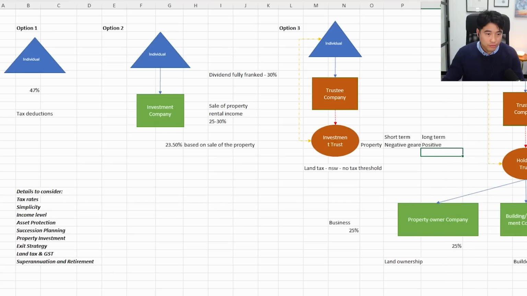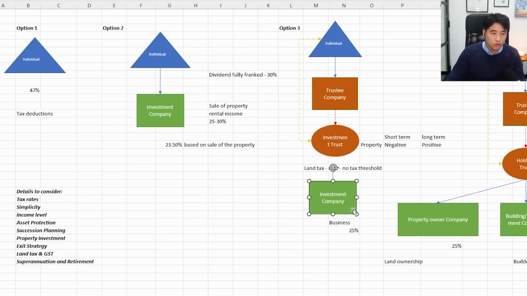In the short term, they know it's going to be negatively geared, but they take the punt. They buy in an investment trust anyway because they know that it's going to be positively geared in say 3 to 5 years. When it's positively geared, they will set up a bucket company under it or next to it, side by side.